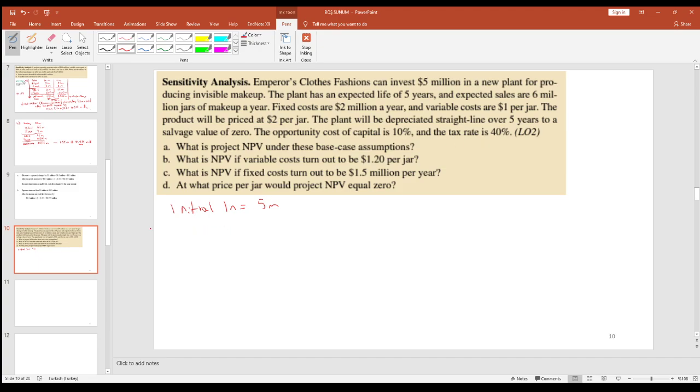So for the base case, calculate net present value. So let's do it. This is the base case here. Start with sales.